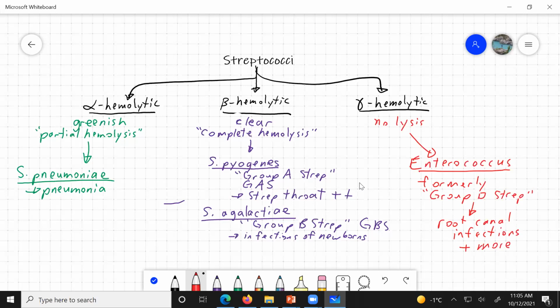Hopefully you can read that. It says, formerly they were known as group D Streptococcus, and they are known for root canal infections and many more infections. Again, you get them in the blood.